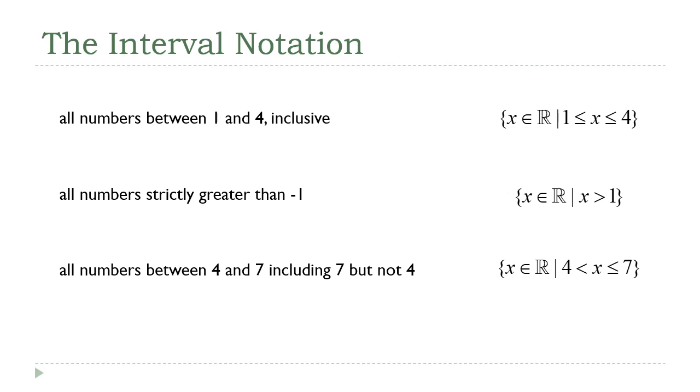But when we're talking about an interval of real numbers, which comes up a lot in algebra, pre-calculus, calculus, even trigonometry classes, there's another notation we can use called the interval notation that is even more concise. And that's what we're going to talk about here.